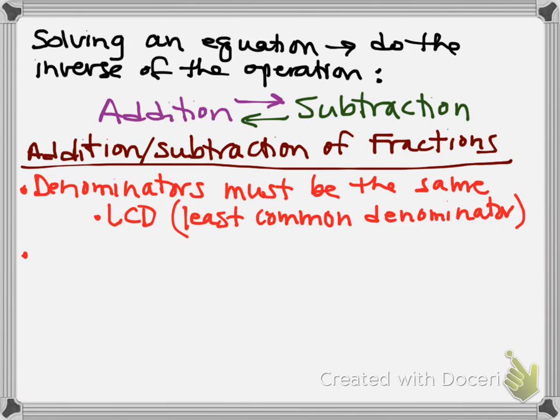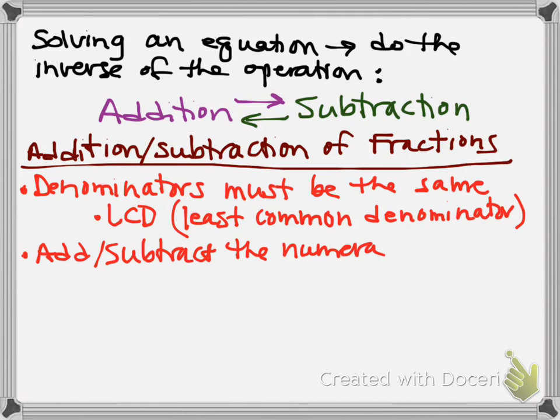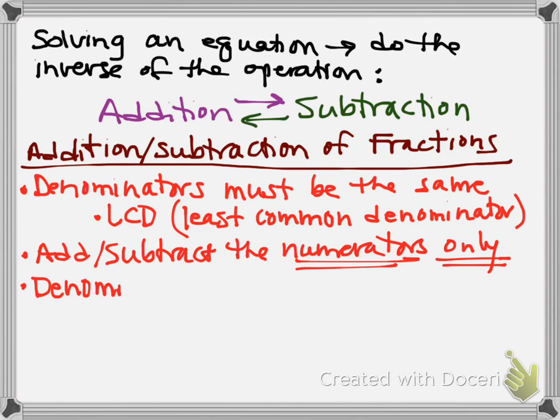So we add or subtract the numerators only. I'm going to double underline numerators only. We never do anything with the denominator, and that's the third thing. The common denominator stays the same, because I've already taken care in the first step that I have a common denominator.